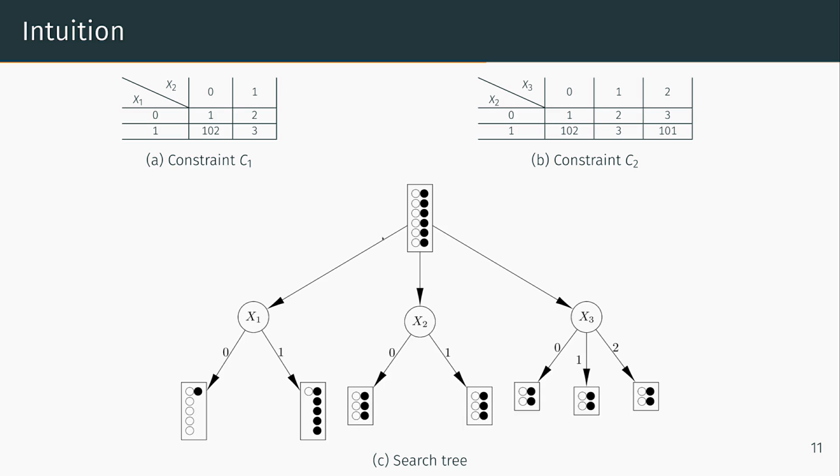But if we assign the first variable a value, we would lead to different situations. For x1 equals 0, we would be in a situation where there are 5 possible low weight assignments and 1 possible high weight assignment. For x1 equals 1, there will be only 1 possible low weight assignment and 5 possible high weight assignments.